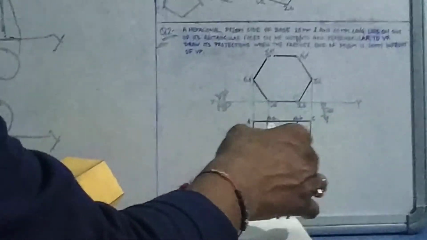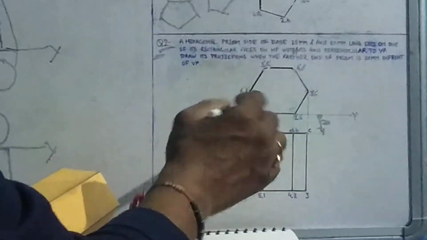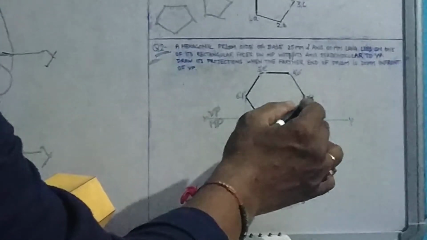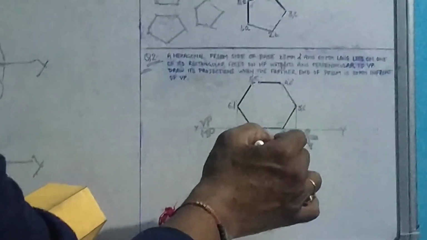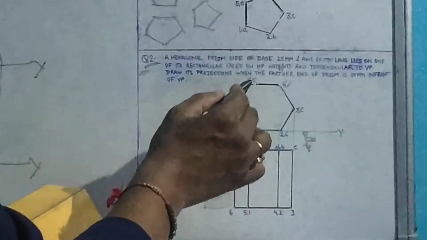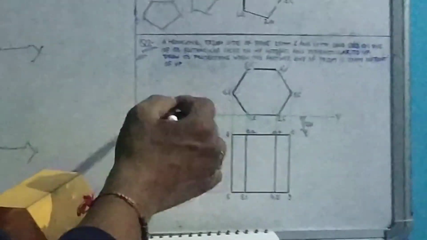The bottom side will be 1, 2, 3, 4, 5, 6 and the upper will be A, B, C, D, E. So this is C, this is D and B, this is E and A, and this is F. This is the answer figure of this question.